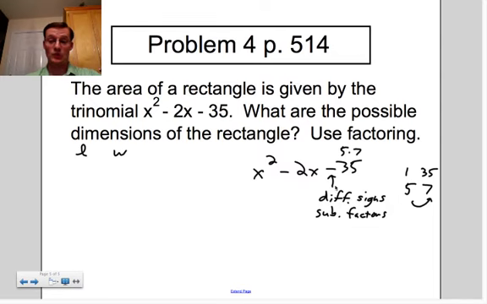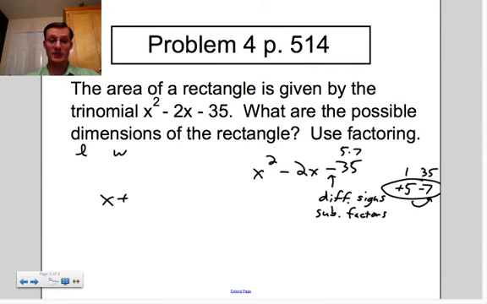Now, what is going to subtract to give me 2? 35 minus 1 is 34. 7 minus 5 is 2. Now, they're different signs. The negative should go with the larger absolute value. 7 is the larger absolute value, so it gets the negative, and the 5 gets the positive. So negative 7 plus 5 is negative 2. Negative 7 times 5 is negative 35.